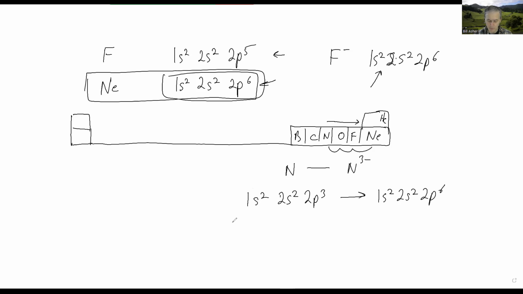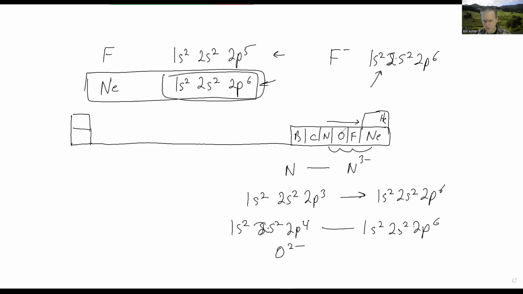Example, oxygen will go from 1s2, 2s2, 2p4 to 1s2, 2s2, 2p6. And the oxygen ion will be O2 minus. So that's what's going on.